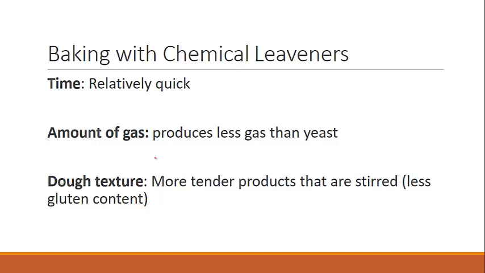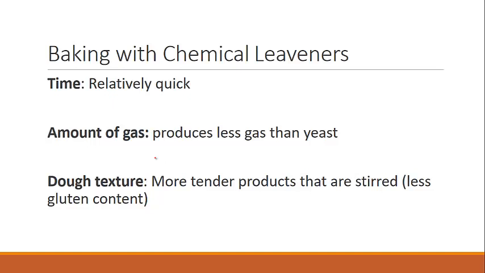Chemical leaveners don't produce quite as much gas as yeast, and this goes hand in hand with the fact that you don't need as much gluten content to hold in all that gas. Typically, we're going to see chemical leaveners used in more sweet baked goods, because those tend to have a more tender texture, and so we don't want as much gluten content.